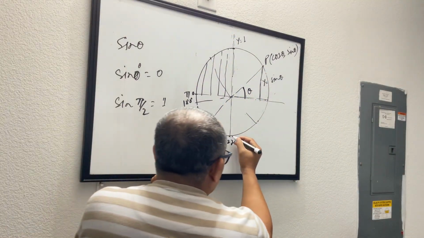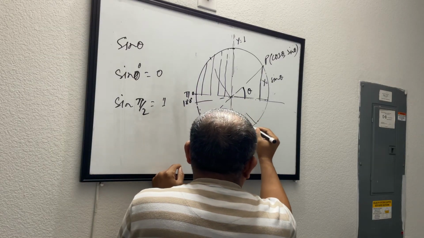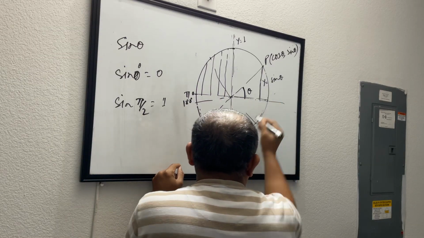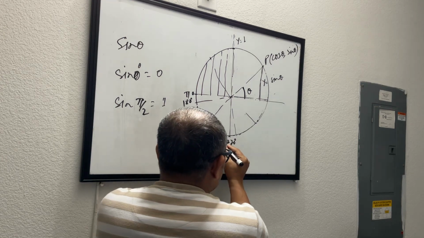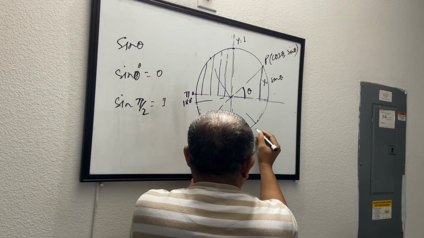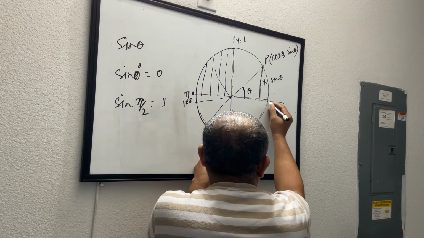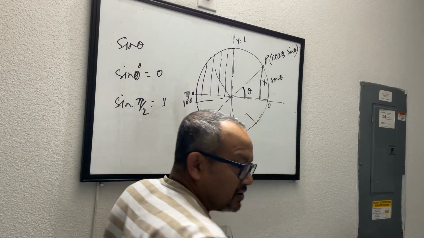Then in the fourth quadrant, as I keep increasing the angle, it goes from minus 1 to minus root 3 over 2, minus 1 by root 2, minus 1 by 2, and then 0. So it increases from minus 1 all the way to 0.